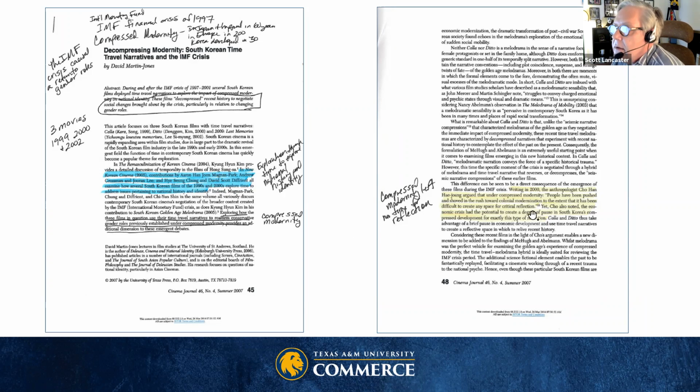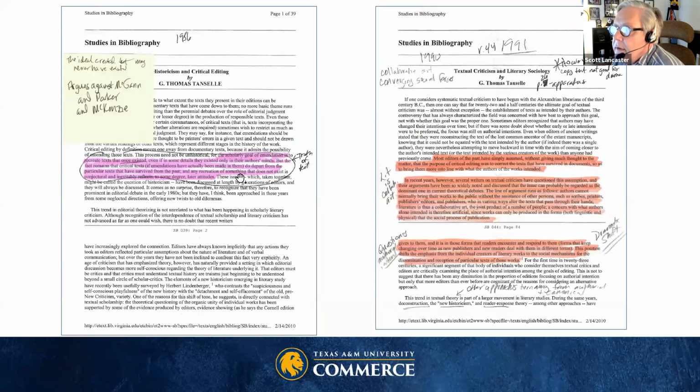I had blue and yellow meant something different. And then I took notes in the margins for important ideas. And then this was one from my dissertation. Thomas Tansel is a leading figure in what I did with my dissertation.